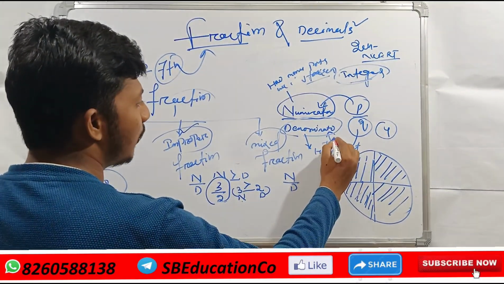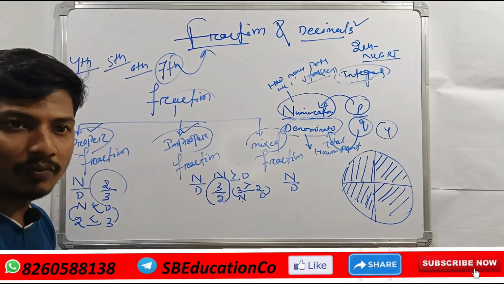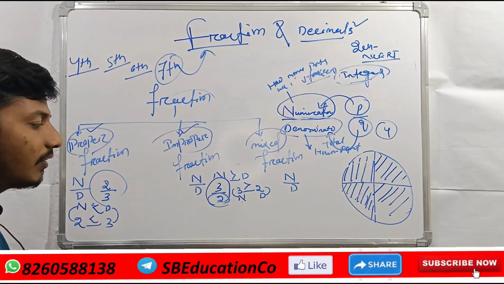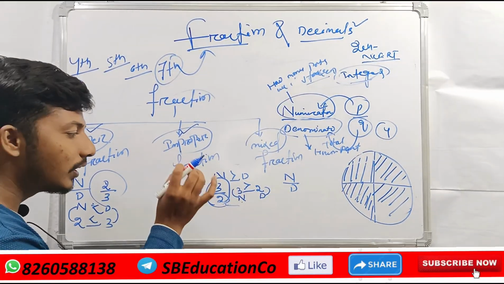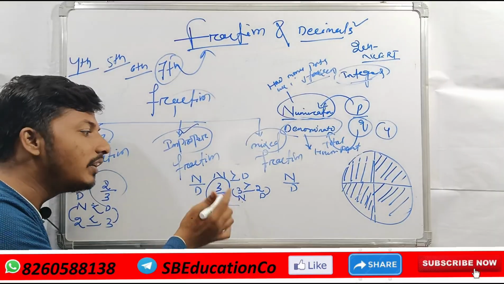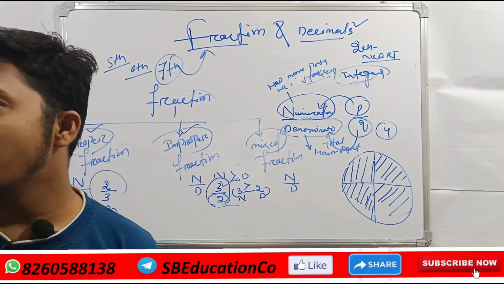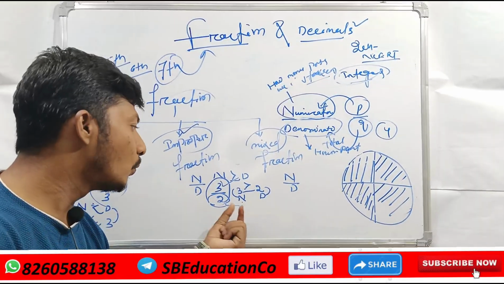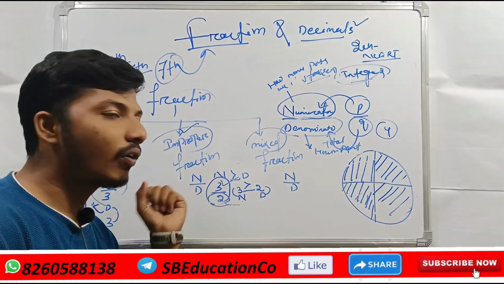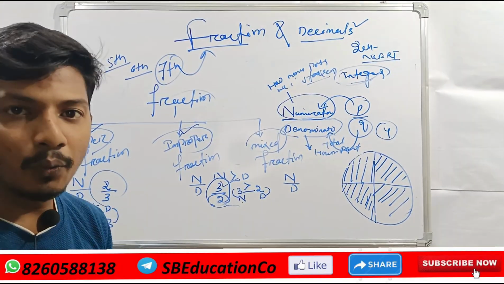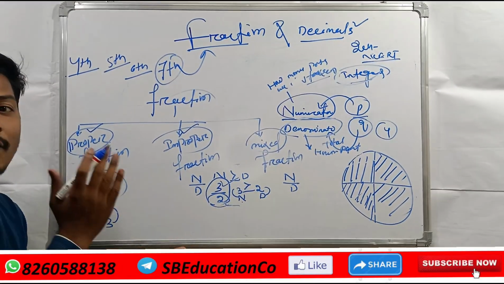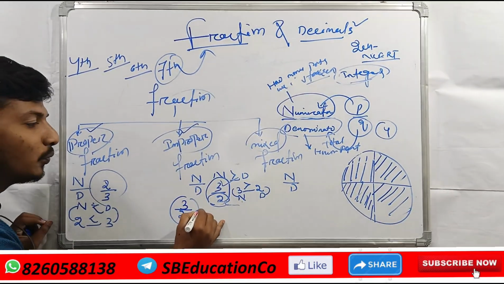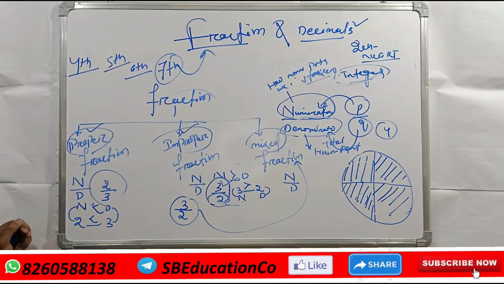So if we write 2 in the denominator, the total parts are 2 and we take 3. How is it possible? If something is divided into 2 parts in total, can we take 3 parts from it? No. So to represent 3 by 2, we have to get our mixed fraction.